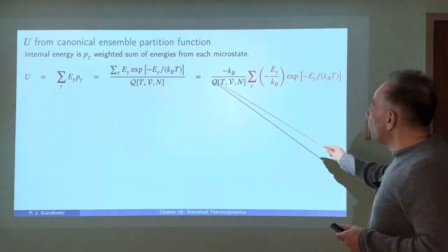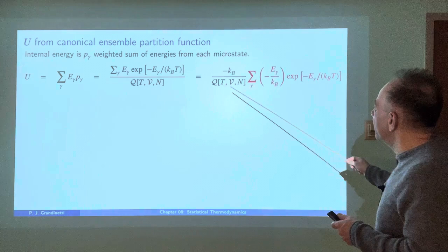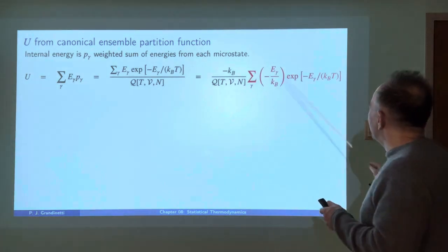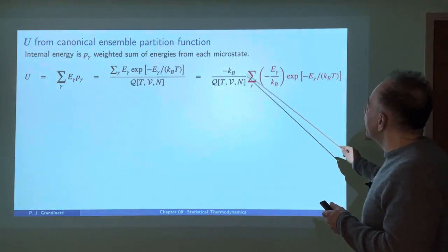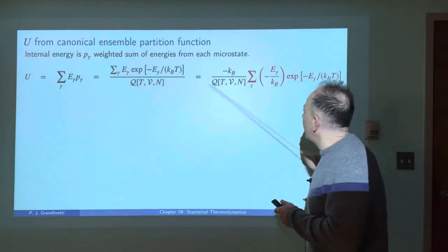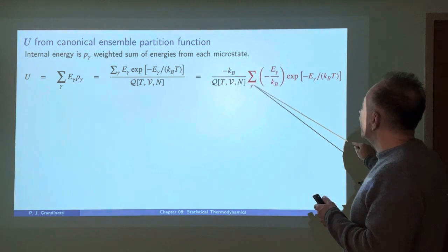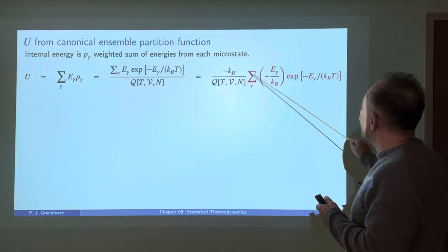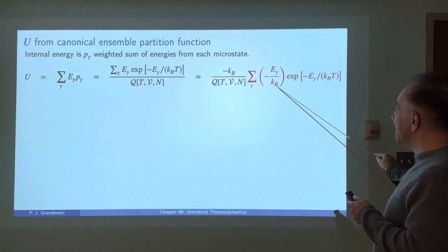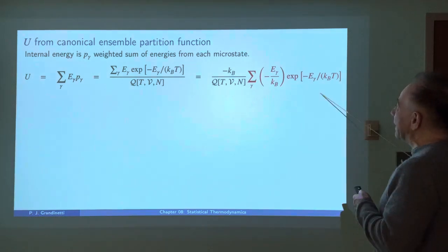And we can rearrange this, and I'm going to do something that seems a little odd here, but trust me, it'll be useful. I'm going to take the partition function and factor it out of the sum because it doesn't depend on the gammas. And I'm going to multiply times minus kBT and divide by minus kBT here to make this term in red.